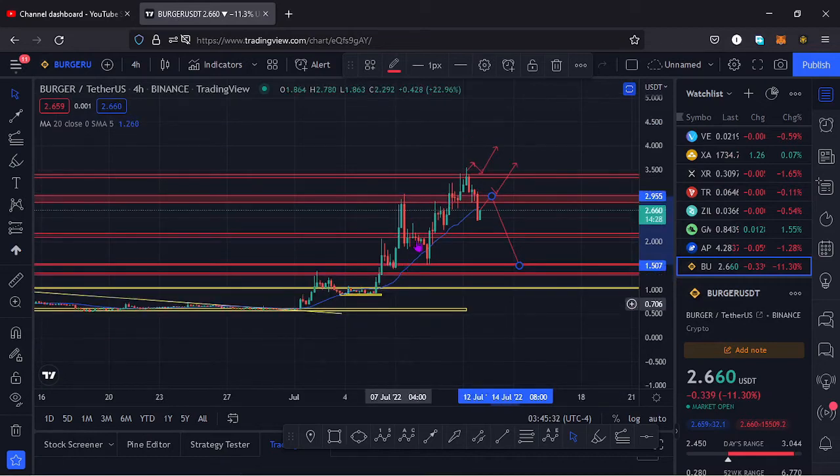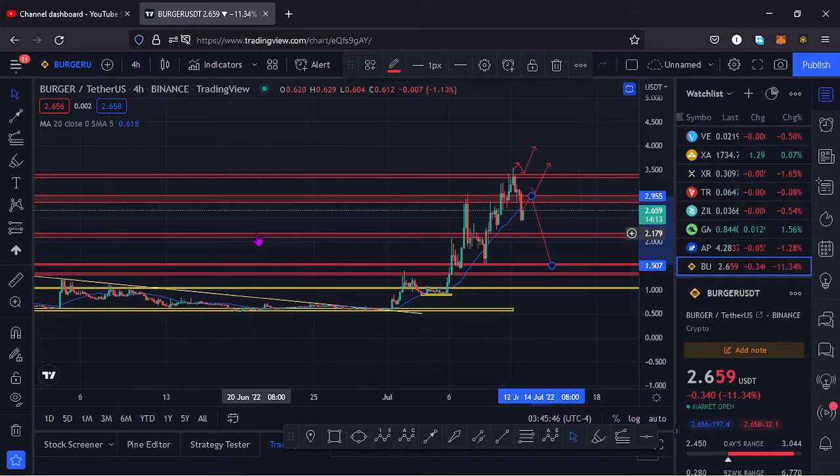In this move to the upper side, we can try and use the Fibonacci's to get a target area for this wave that is in formation at the moment to the lower side. That is this retracement to the lower side using the Fibonacci's.